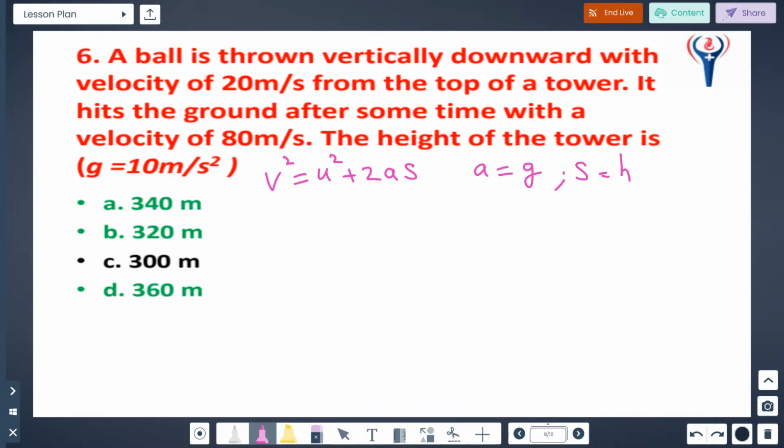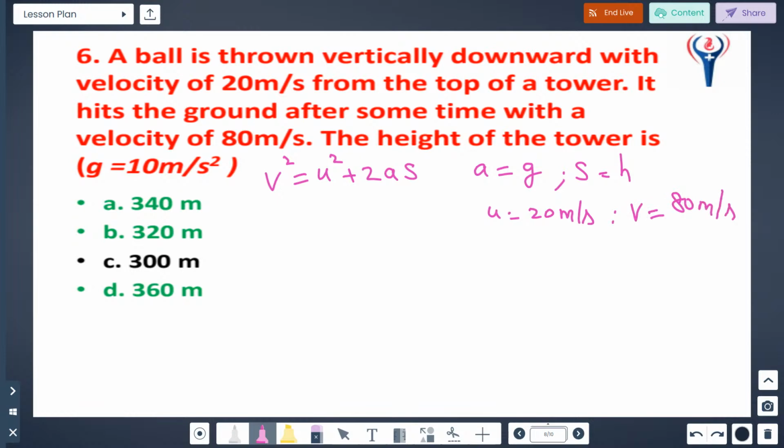Some of the data is given: initial velocity u = 20 meters per second, and v = 80 meters per second.